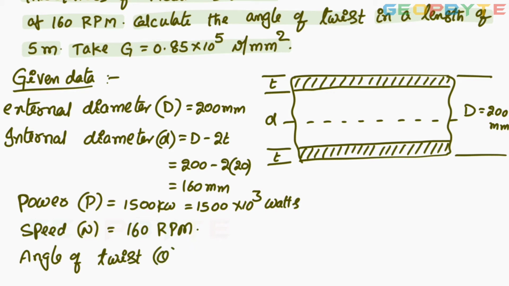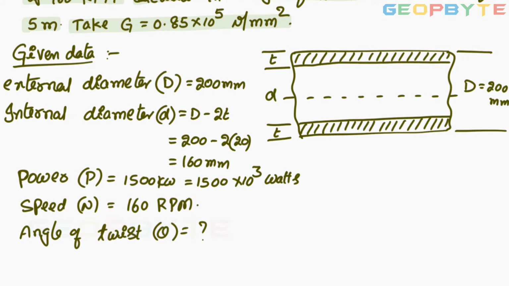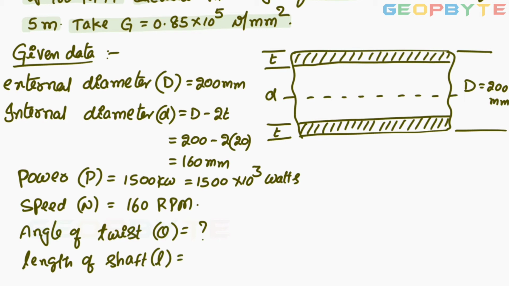This angle of twist theta is how much, in a length of the shaft L equal to 5 meters, equivalent to 5000 mm. It should be in mm.